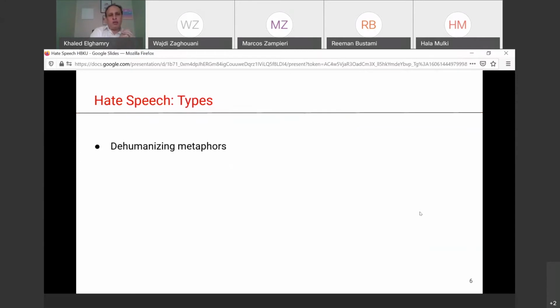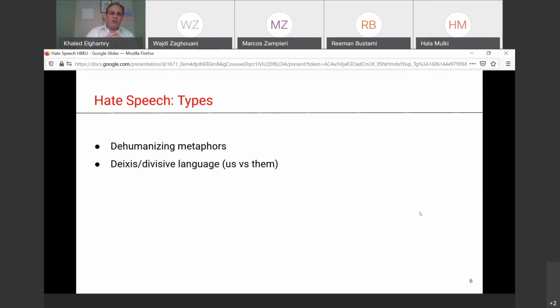As for hate speech, based on previous literature, there are different types of hate. On top of them is dehumanizing metaphors, where the targets of hate are looked upon as subhumans, like insects or animals, as we're going to see later on.